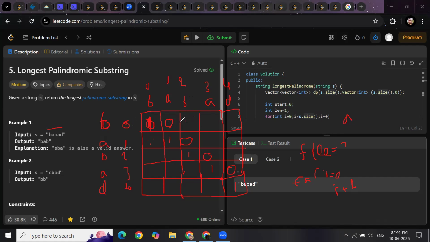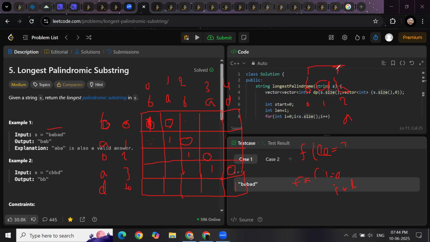So how will we get to know whether this is a palindrome or not? We can simply check whether this character and this character are equal. Wait, let me explain clearly. Suppose I'm checking this string BAB. So this is 0, 1, and 2. This is of 3 length. I will check whether the starting and ending of this substring are equal.